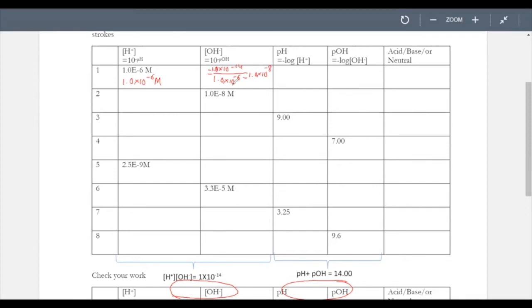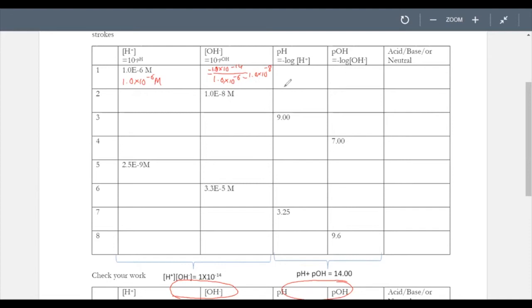Now, if you know this, you can figure out hydrogen ion concentration or hydroxide ion concentration. Then you can find the pH and pOH by either converting this hydrogen ion concentration to pH, or you can convert hydroxide ion concentration to pOH. So you can either convert that or convert this.